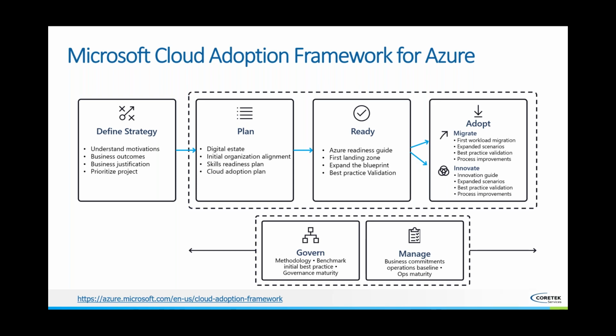So think about that cloud economic assessment we just talked about, where you're analyzing what's going on in your environment, what you're using, how much data there is, and what that would look like. Looking at your organizational alignment and skills readiness plan, so mapping out what your organization should look like as a cloud or Azure-based organization. And then actually building out a formal adoption plan.